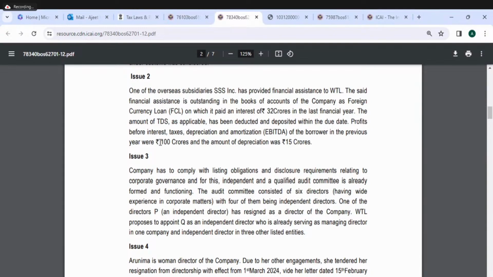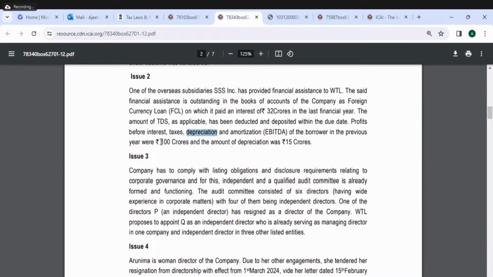It will be 100 crores because EBITDA is already given. You don't need to add 15 crores, because the profit which is given is before deducting the depreciation amount. So you don't need to add back again just because the information is given in the facts. So your EBITDA is 100 crores.